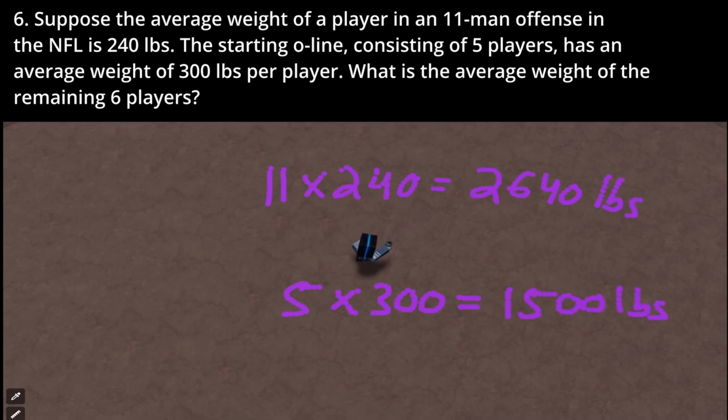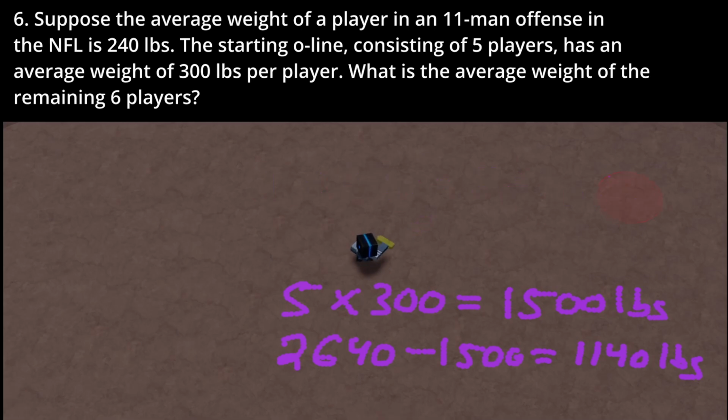So then what I can do is subtract these quantities to find out how much weight is left over for those 6 players and then compute the average. So if I do 2,640 minus 1,500, that leaves 1,140 pounds left across those 6 remaining players. And now let me erase a bunch of this here.